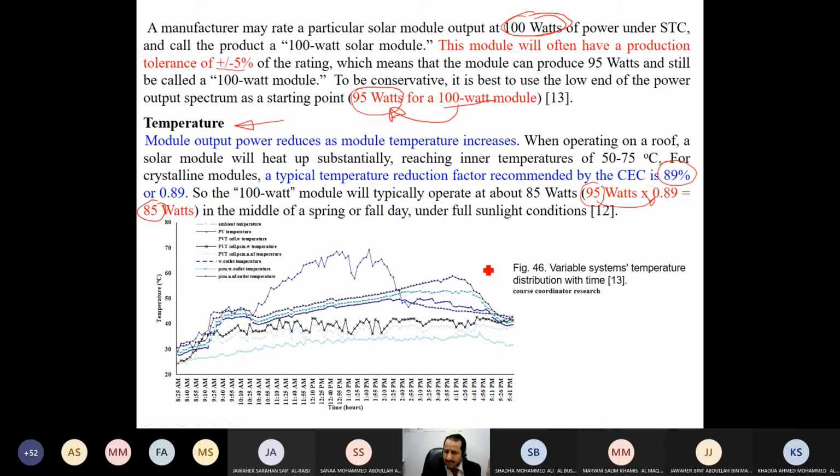Here, me and my group did good research, and we're still working on the effect of temperature and solar radiation and other environmental parameters, for example dust. You can see here a graph from one of our published articles. The temperature here, this one, is high for the PV.